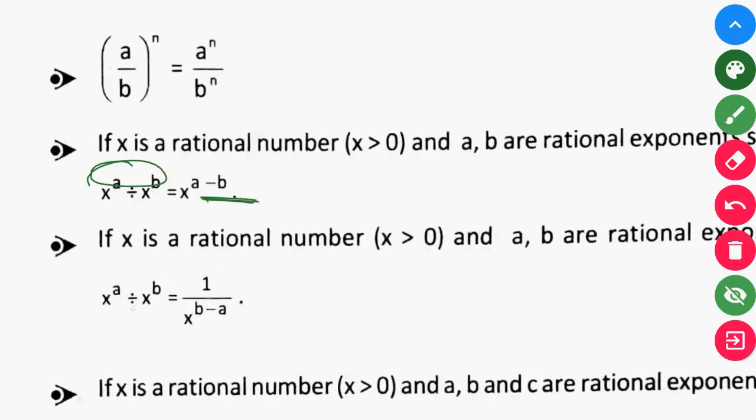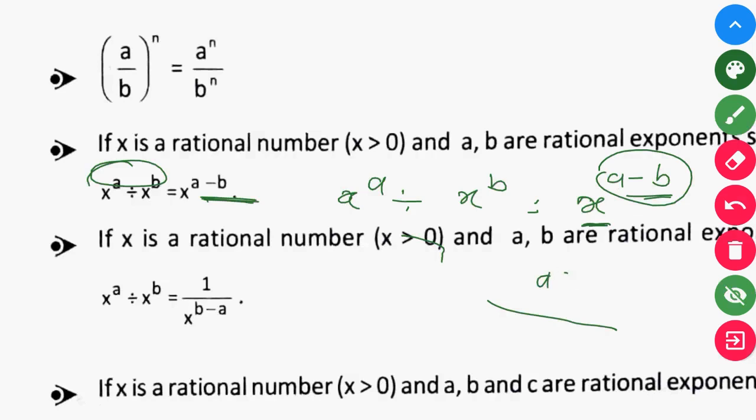If they are in multiplication, we add them. But if x raised to a is divided by x raised to b, according to the law we write x raised to a minus b.